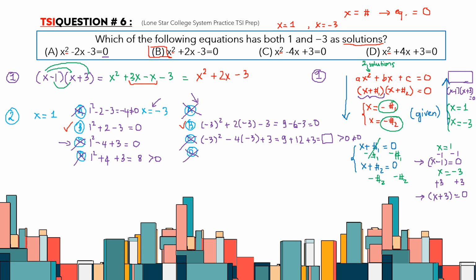But for C, the first one is right, but then the second one failed. So both have to work. The only choice is B. It has the solutions x equals 1 and x equals -3. So we choose that. B will be the answer.